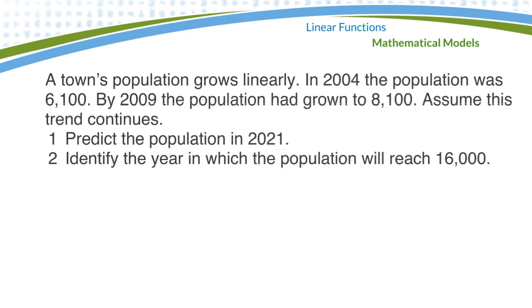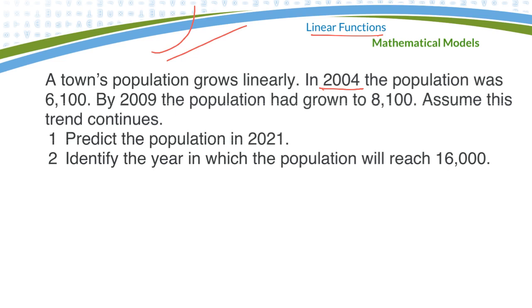All right, here's a nice mathematical model of linear functions. They say a town's population grows linearly, so it's going up at a steady increase, as opposed to exponential increase. In 2004, let's use that as our ground zero.